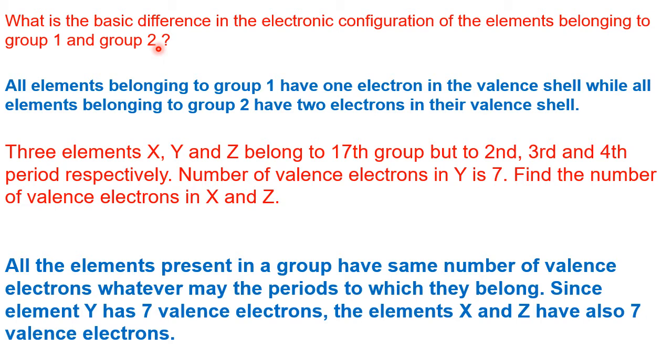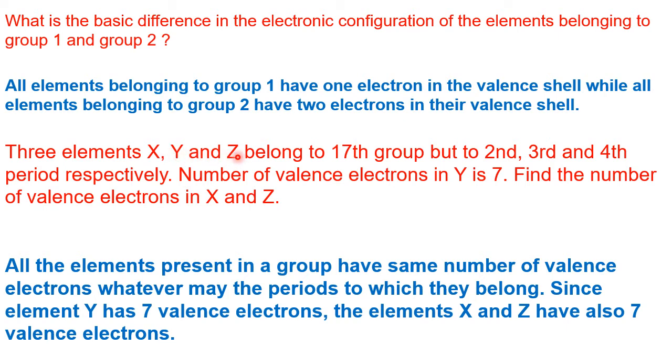So on this basic difference only properties are there. Okay, right. Next, three elements X, Y, Z belong to 17th group. They belong to 17th group. But to second, third and fourth period respectively. That means X belongs to second period of 17th group. Y belongs to third period of 17th group.